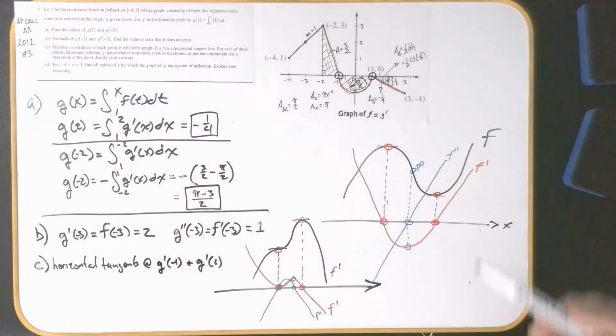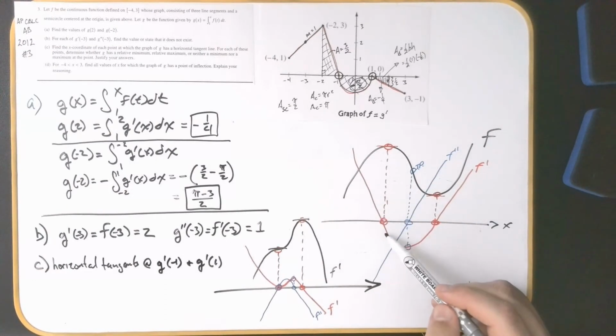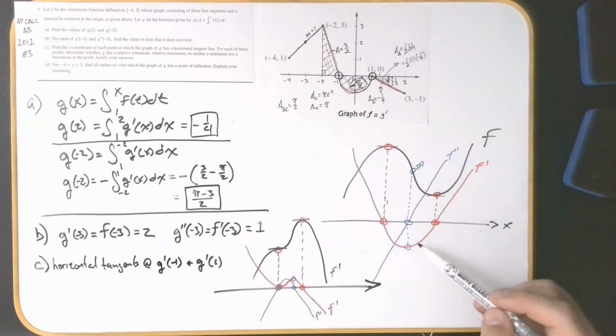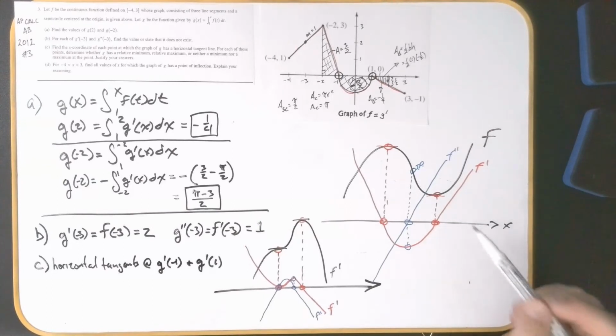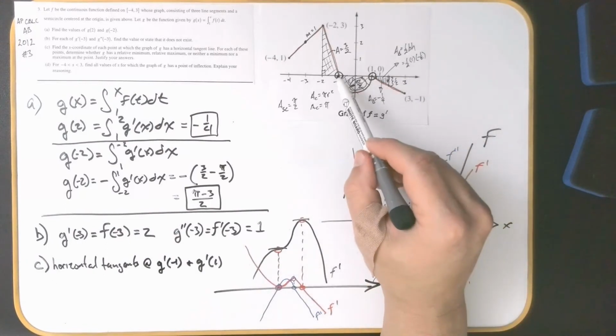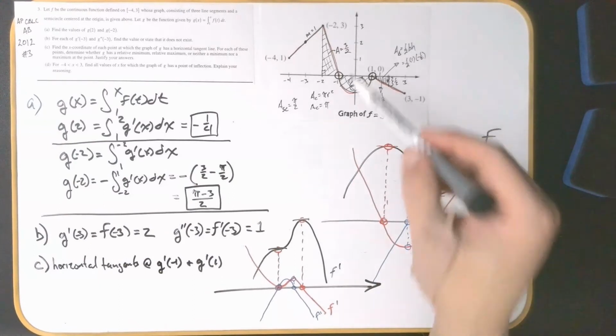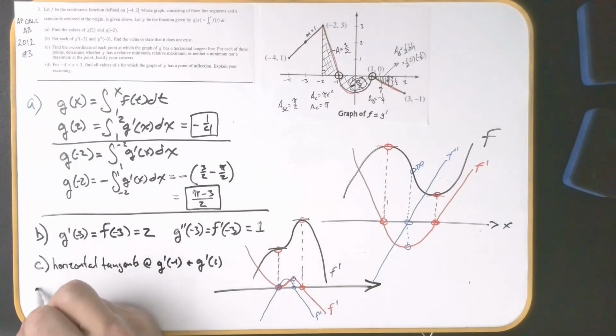Well, let's take a look here. Notice that I had a maximum when my derivative was going positive to negative, a minimum when my derivative was going negative to positive, and I had a flat spot when I was kissing. So it looks like I have one kiss and one positive to negative. That sure looks like it'll be a maximum. So g of negative 1 is a maximum.